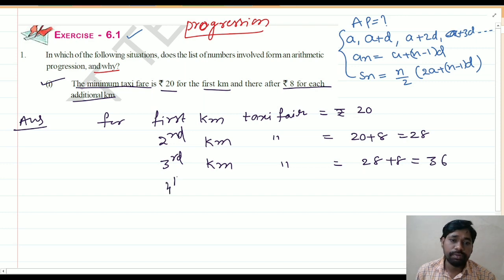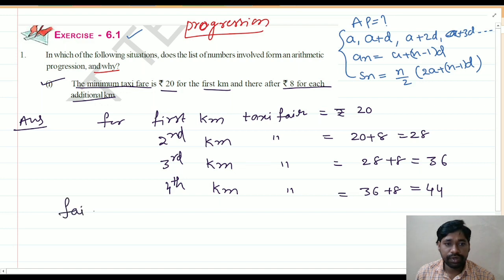For the fourth kilometer, the taxi fare is 36 plus 8, it becomes 44. Now the sequence of fares is 20, 28, 36, 44 and so on.